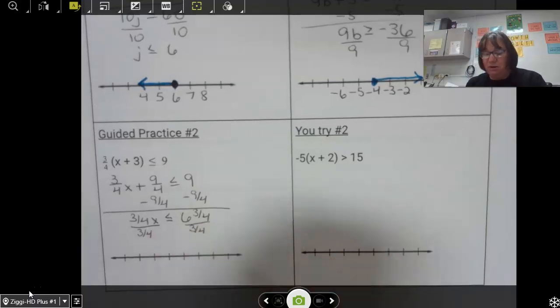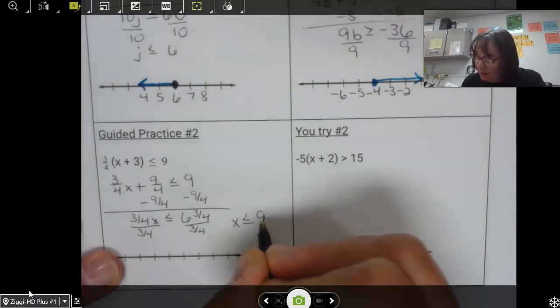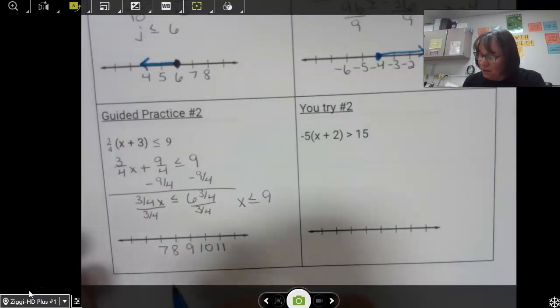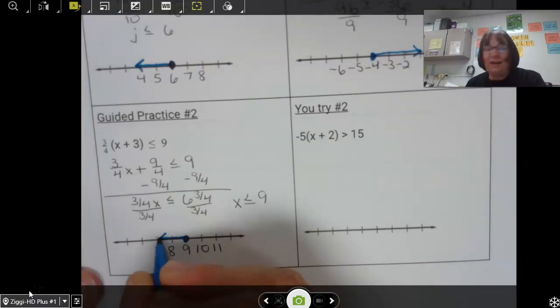The reciprocal, you could always do that. So 6 3/4 divided by 3/4 gives me 9. So I have x is less than or equal to 9. Which again, it includes 9, so I'm going to put a solid circle and go to the left.